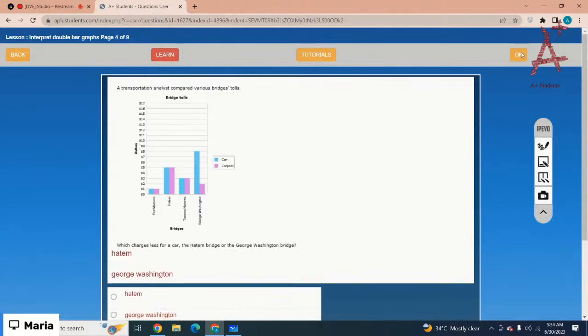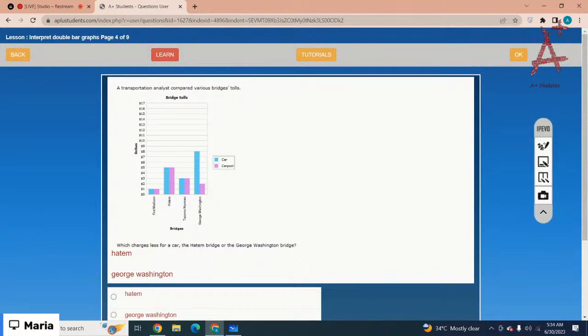Okay, the next one is a transportation analyst compared various bridges' tolls. Which charges less for a car, the Hatem Bridge or the Washington Bridge? Okay, so here is Washington Bridge and here is the Hatem Bridge. Got it? You have to see which charges less for a car.